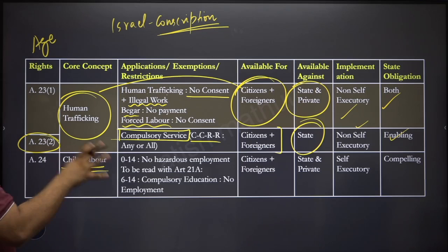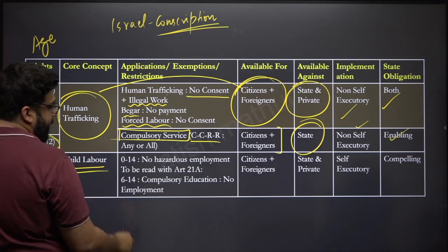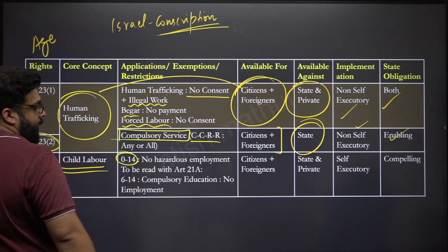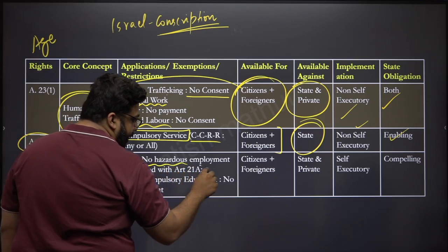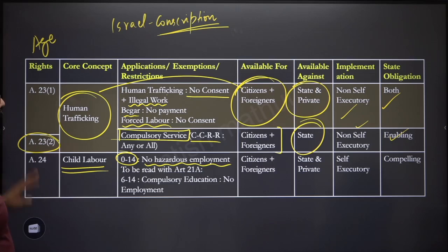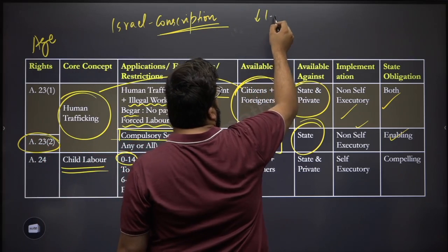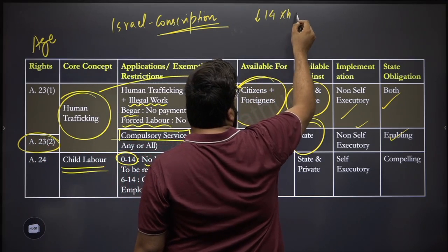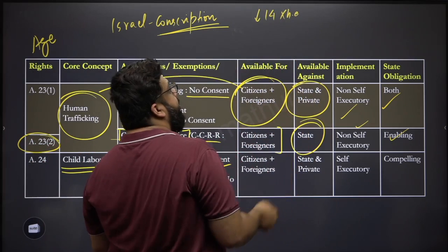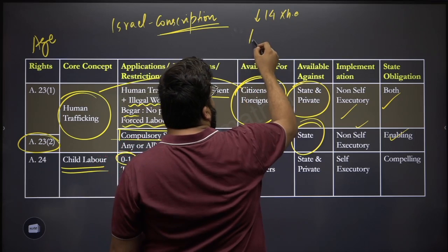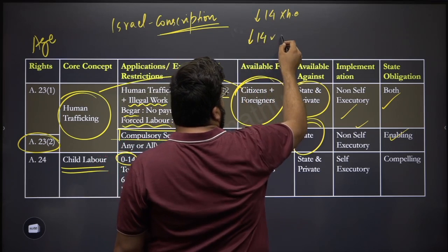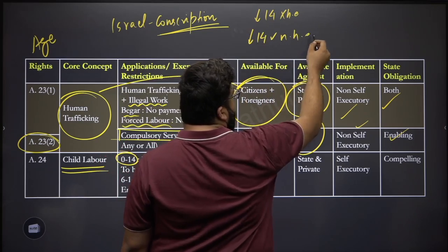Now, the original provision of Article 24 says anybody below the age of 14 cannot work in a hazardous employment. Basic CSAT. So, anybody below the age of 14 cannot have any hazardous employment. This means anybody below the age of 14 can have non-hazardous employment.